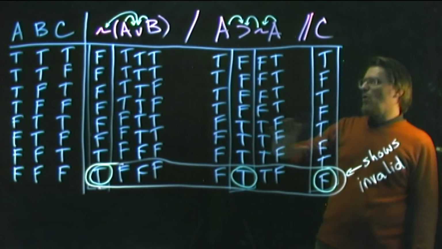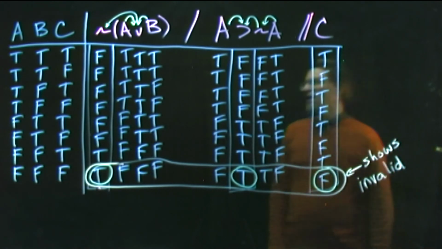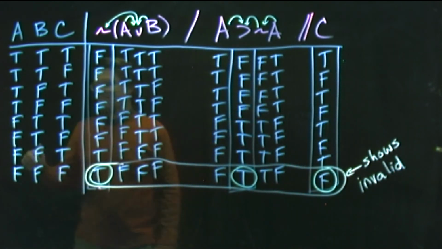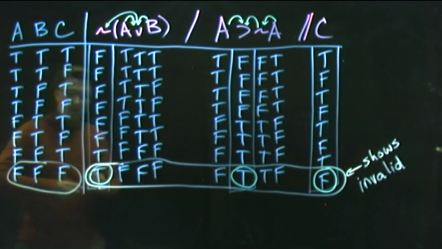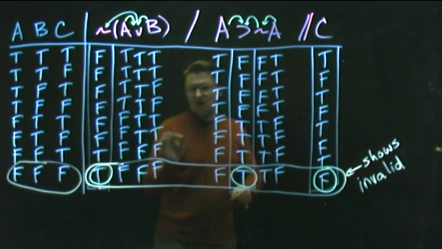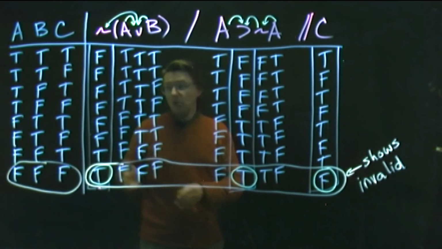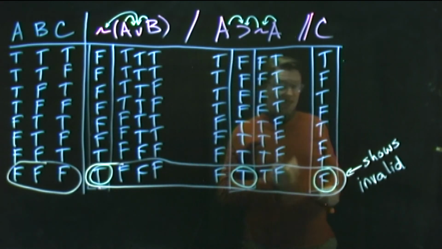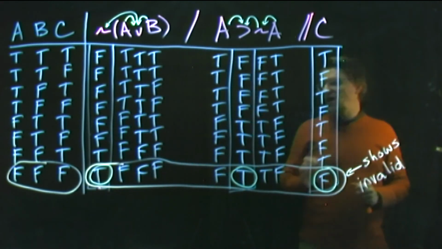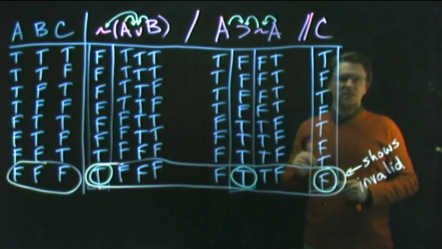Well, what this ordinary truth table tells us is that for this argument here, when A, B, and C are false claims, we will end up with true premises and a false conclusion. And as we saw in the counterexample method in 1.5, that always indicates that this is invalid.